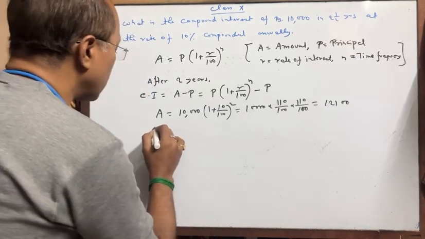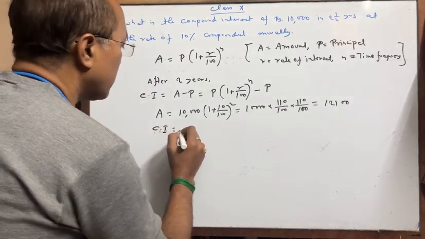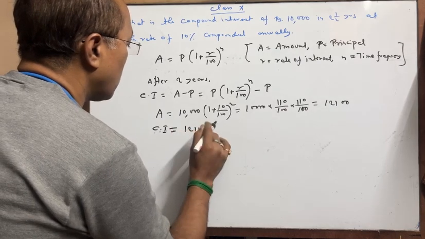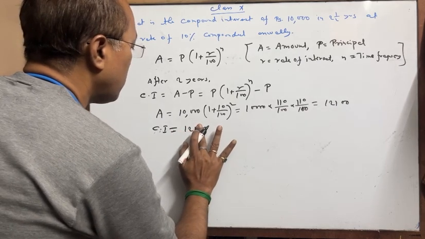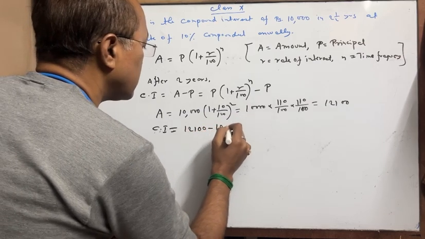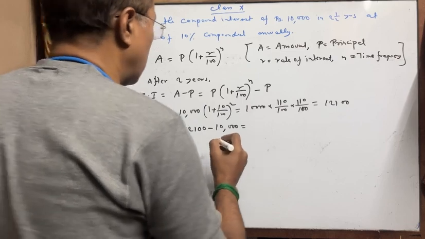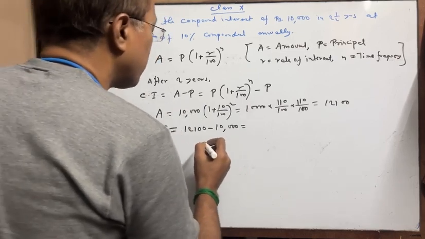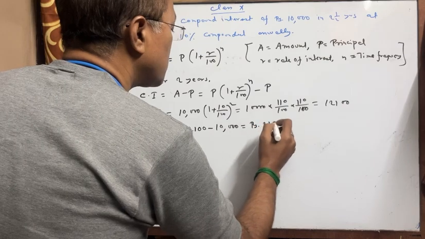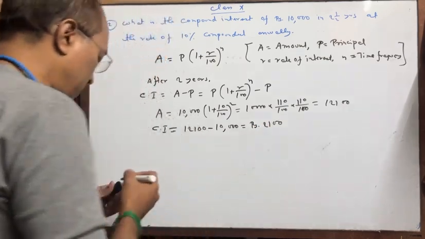So compound interest will be 12,100 minus 10,000, that is rupees 2100. Okay.